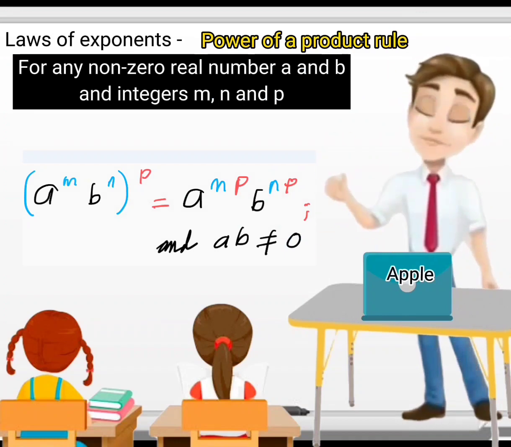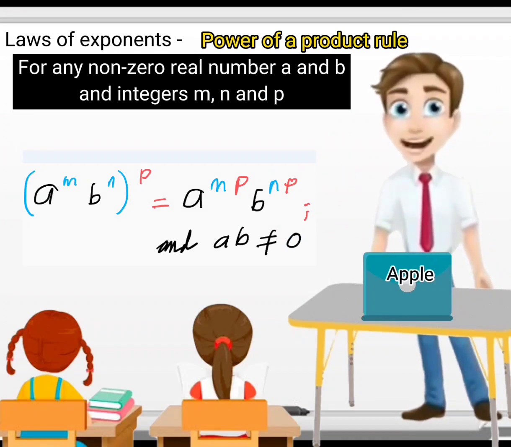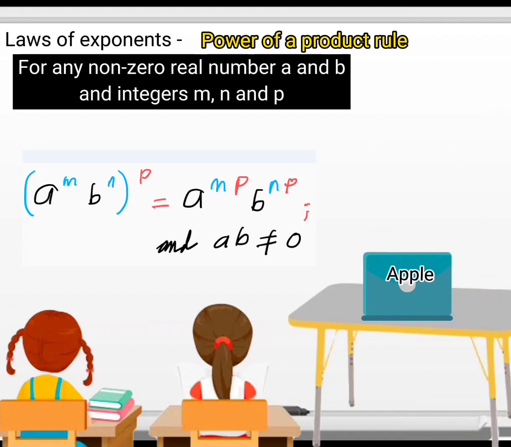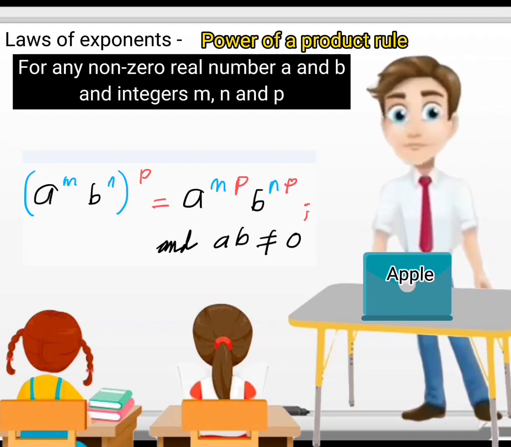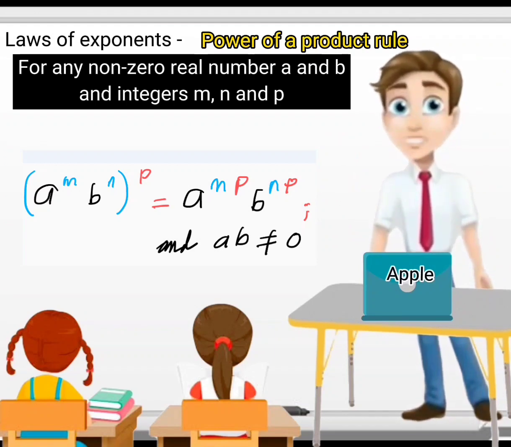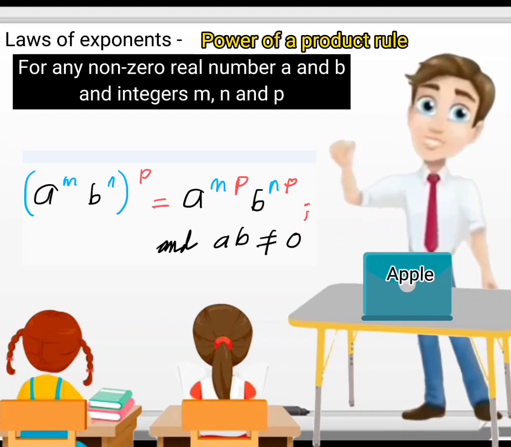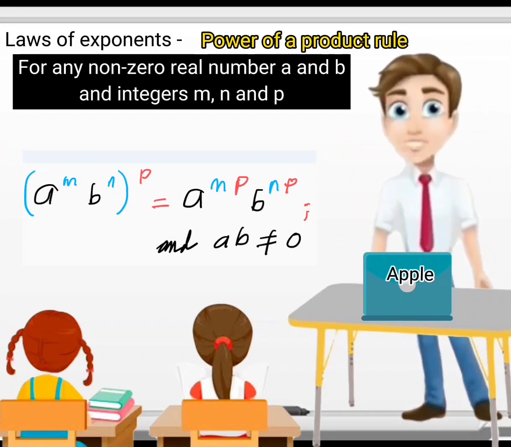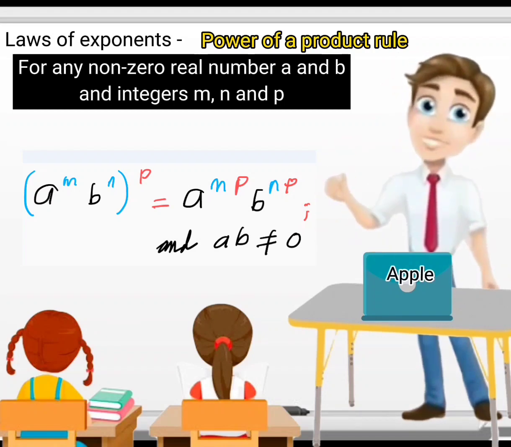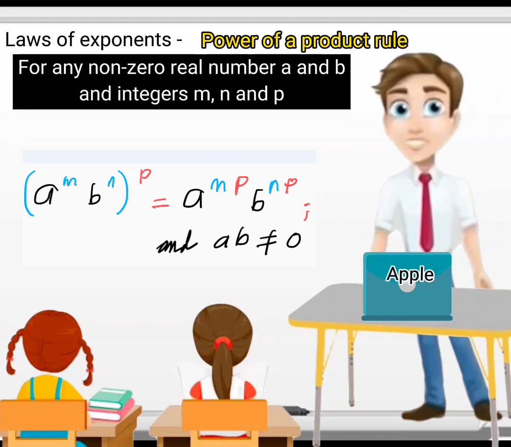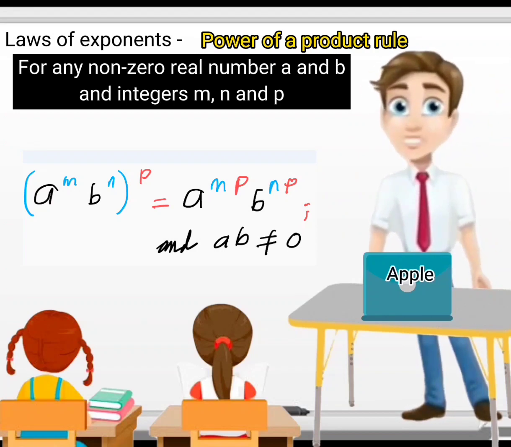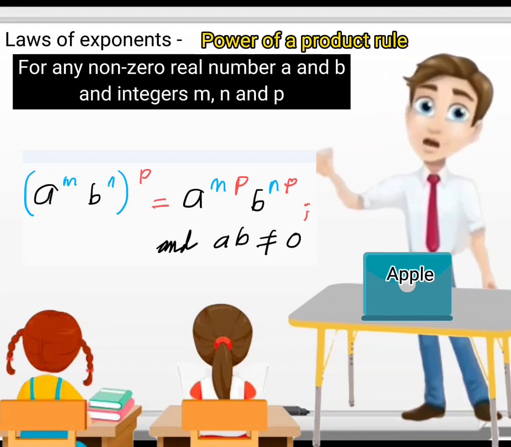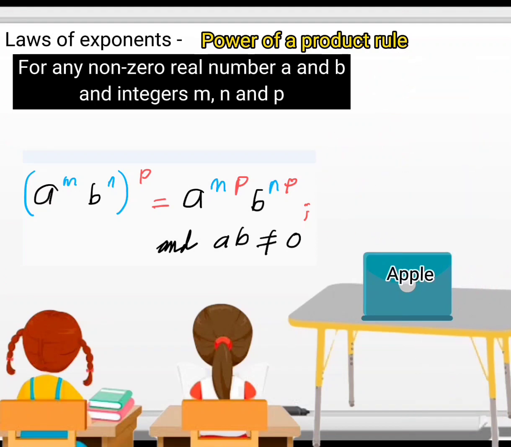So, we are now on the fourth law of exponent, and this is the power of a product rule. And it states this way: for any non-zero real numbers a and b, and integers m, n, and p, then we have the quantity a raised to m, b raised to n, raised to another exponent p, then it is equivalent to a raised to m multiplied by p, b raised to n multiplied by p, where a and b is not equal to 0.